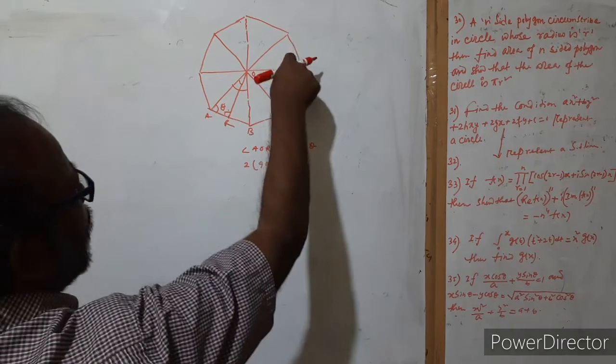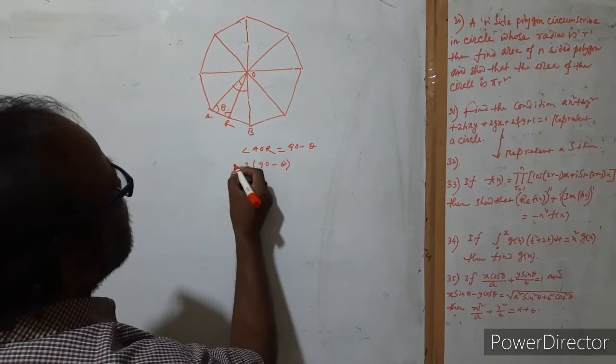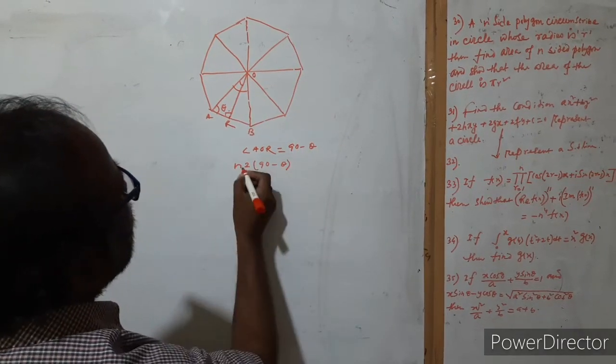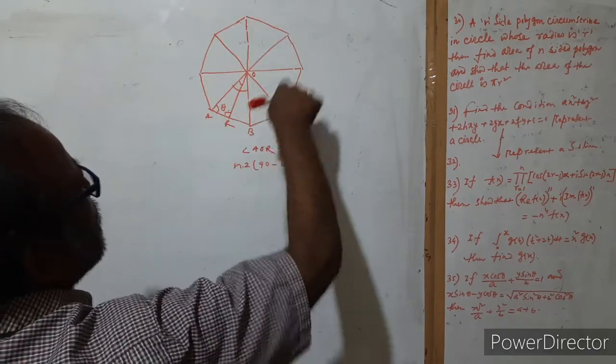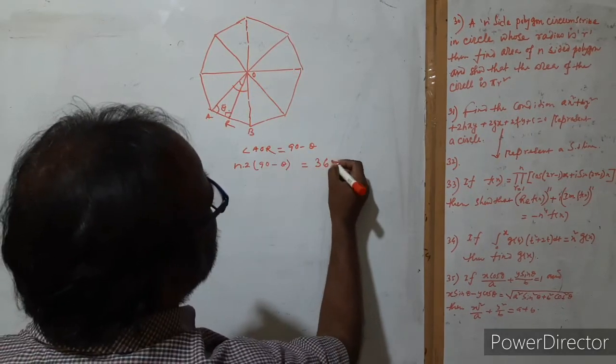As this is the inside polygon, there are n such angles, so n times that multiple, and this is a whole circle, 360.